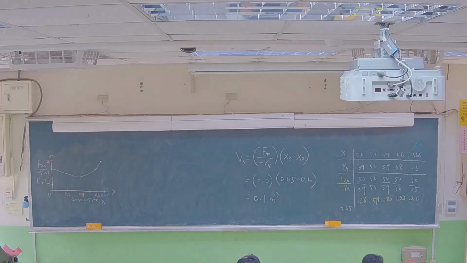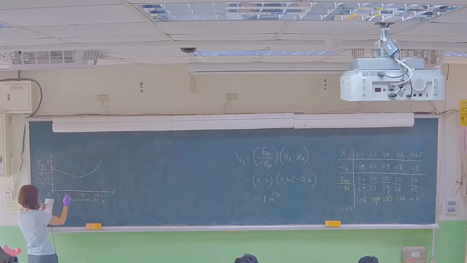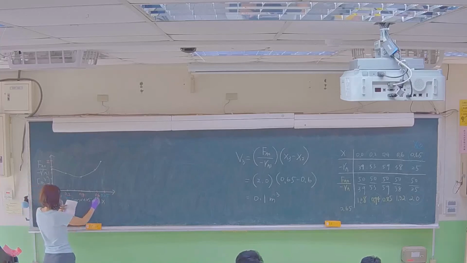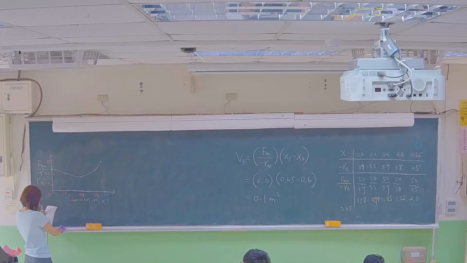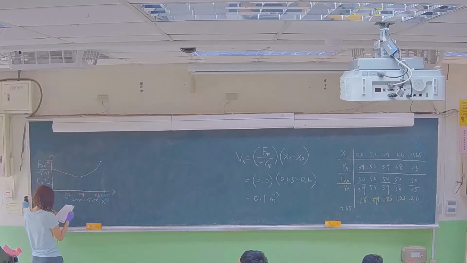So there are three reactors. X1, what is X1? X1 is equal to 0.2, right? X1, X2, X3. Okay, so X1 is V1. The first reactor is CSTR. So how to find the volume for CSTR?